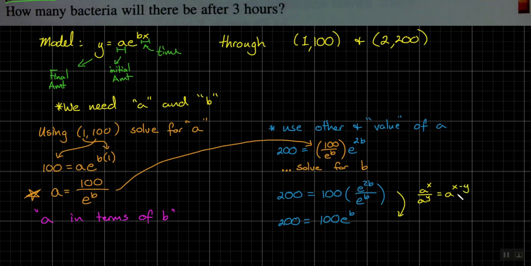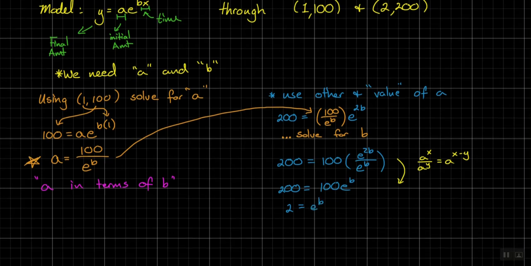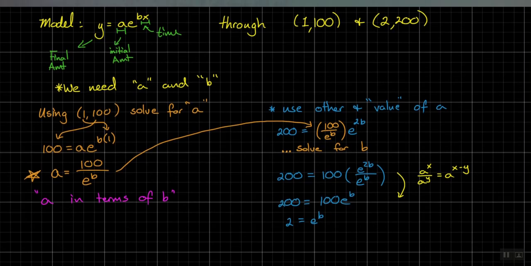Can we solve it for b now? How? So divide by 100, and I know it's going to be 2 equals e to the b. There's one more little tiny bit to do here. Take the natural log of both sides, and I get b is exactly equal to the natural log of 2.